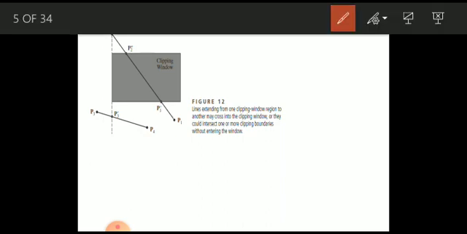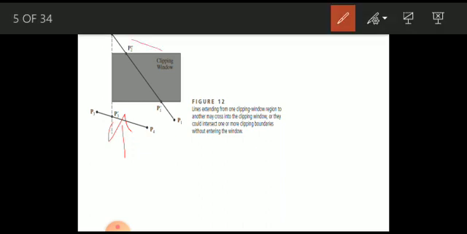You can see that when P3 and P4 is clipped from the left boundary, an intersection point is found, which is indicated in this case as P3 dash.